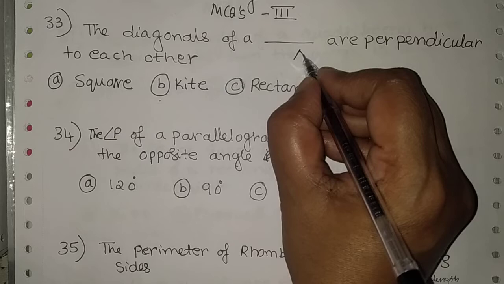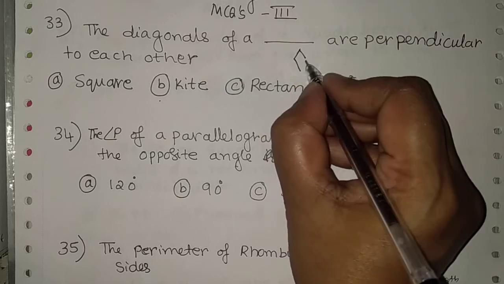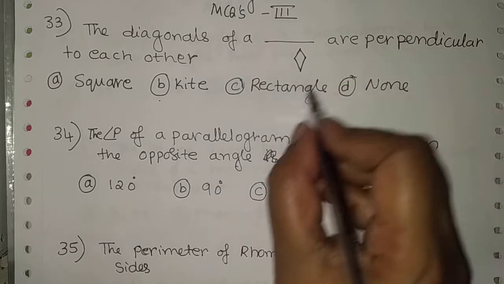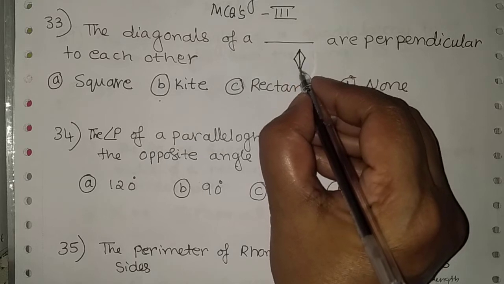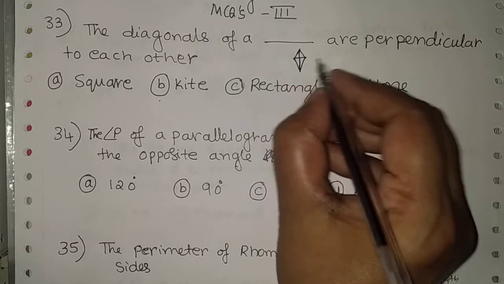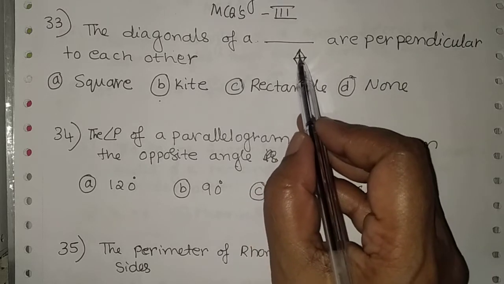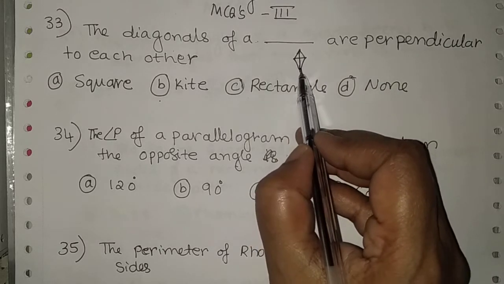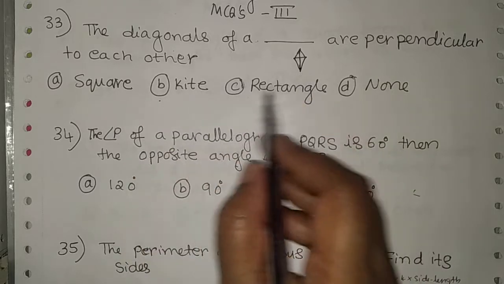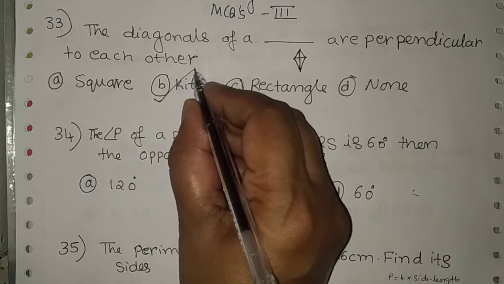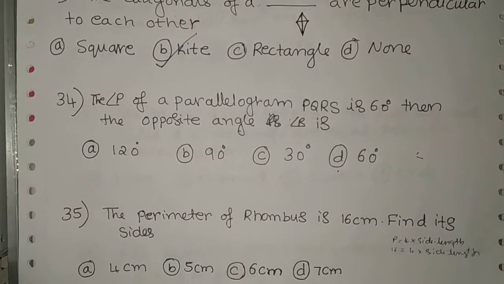Kite will be this one. So the diagonals of this kite will be like this. So this is called the diagonals of dash are perpendicular to each other. These are the diagonals perpendicular to each other. Among the 4 options given, the correct answer is kite.